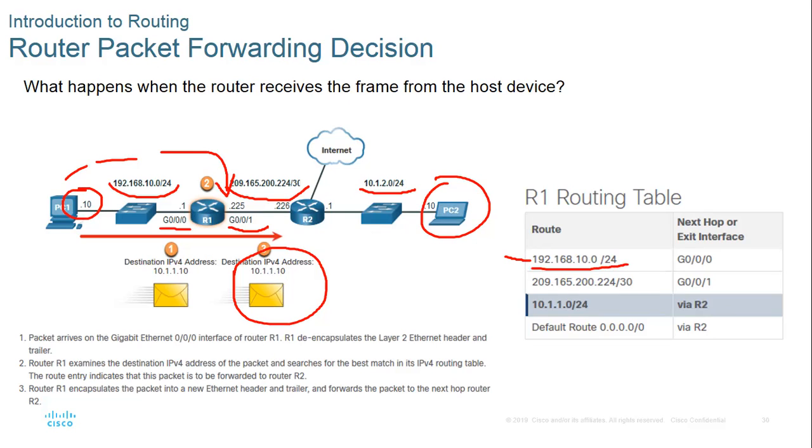So you do a logical AND between the destination address and the subnet mask to get the network address related to this destination IP address, and compare it with the value. Is it the same? Here we have 10.1.1.10/24, which means 10.1.1.0/24 is the network address. If you compare it, it's not the same.